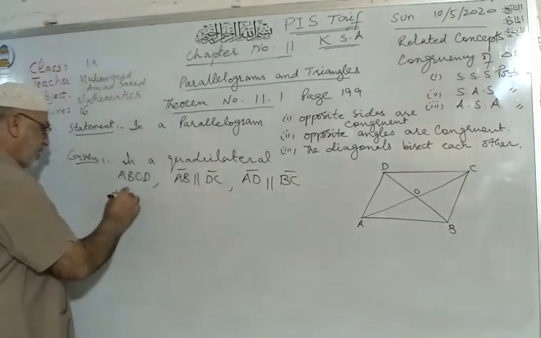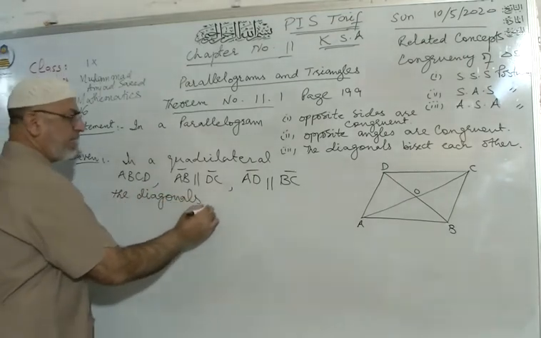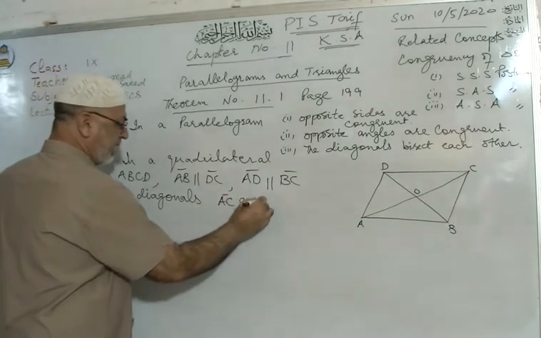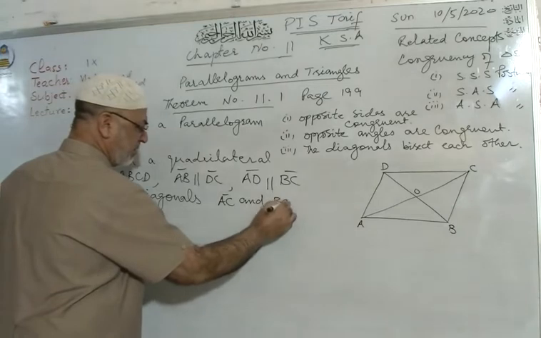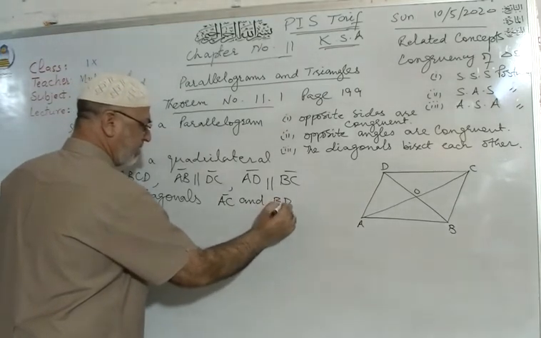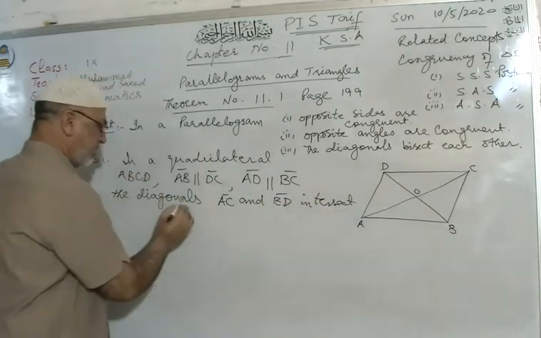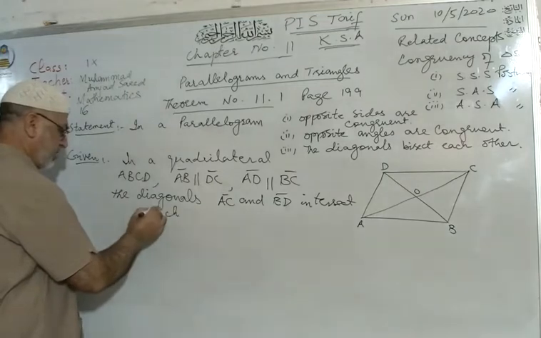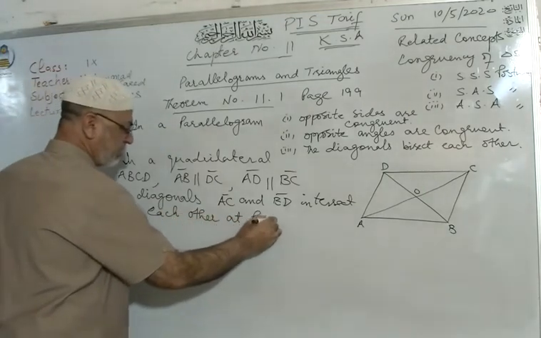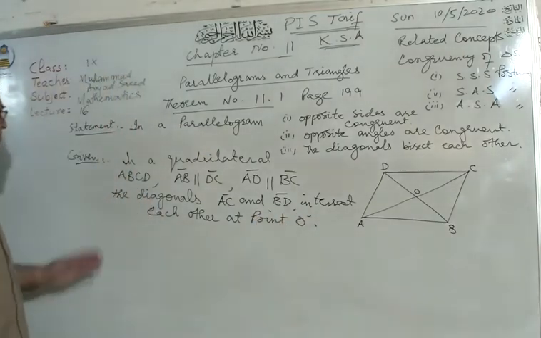The diagonals AC and BD intersect each other at point O. This is given.